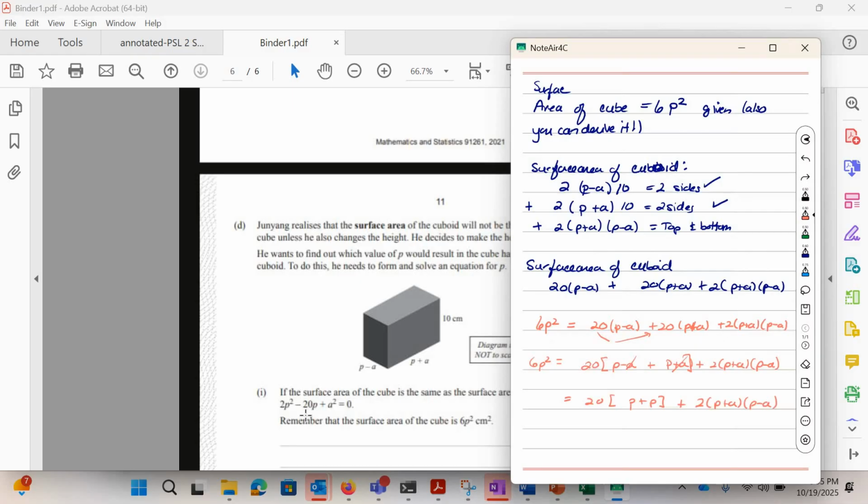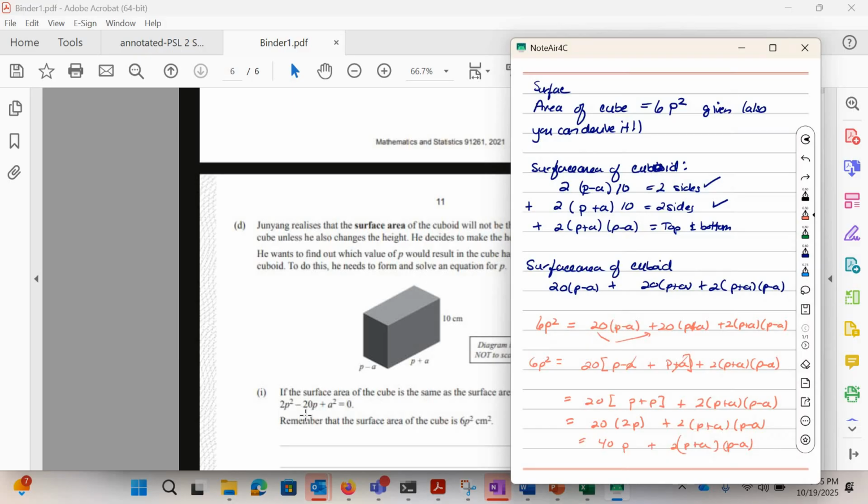And then that's equal to 20 times 2p, and that's equal to 40p plus 2 times P plus A times P minus A.